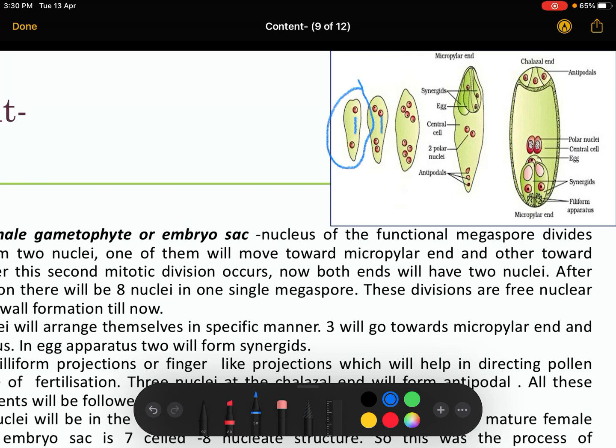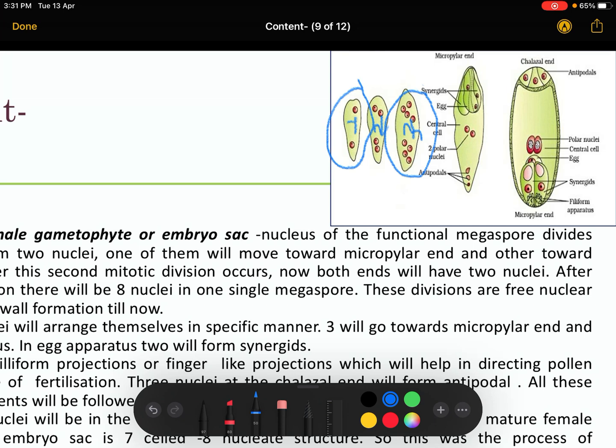After the second mitotic nuclear division, 2 nuclei will form 4 nuclei, and after the third mitotic division, the 4 nuclei will divide into 8 nuclei. Total 8 nuclei are here, but there is no cell wall formation yet. All the nuclei are present in one single functional megaspore.